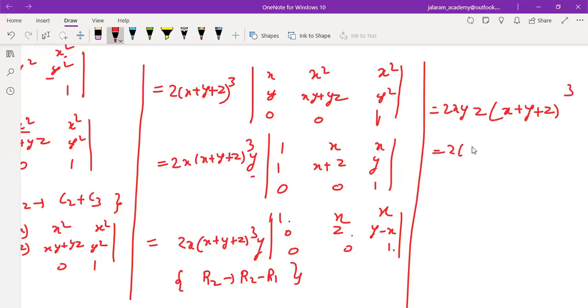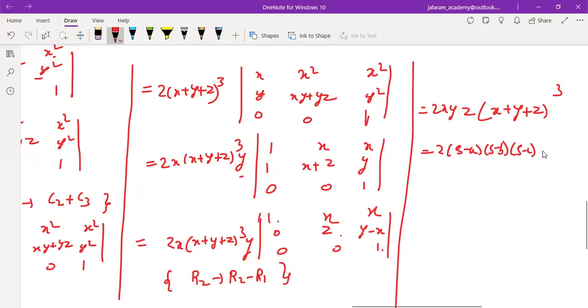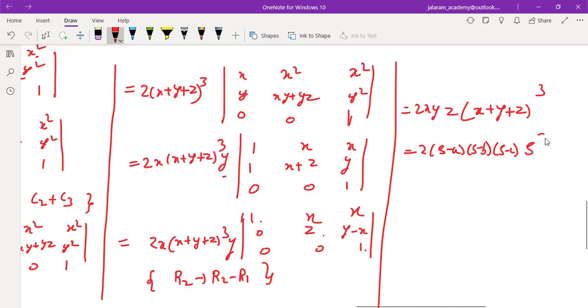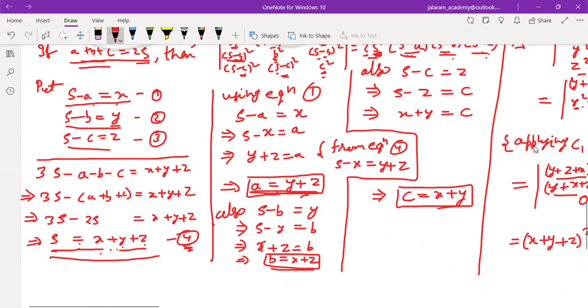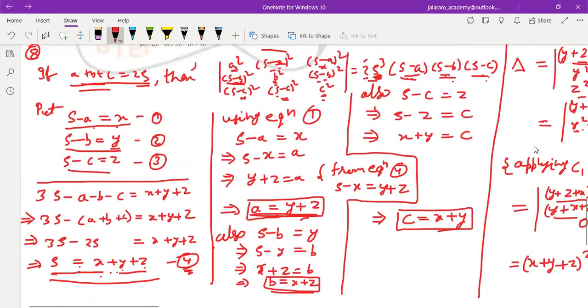Now if we substitute the value of x as s minus a, value of y as s minus b, value of z as s minus c, and the value of x plus y plus z as s cube, so we have proved this identity. Very important identity.